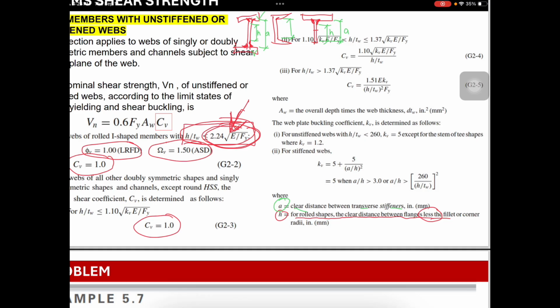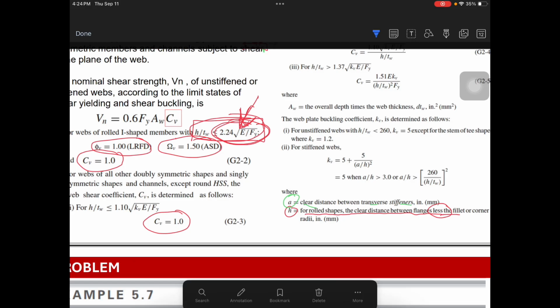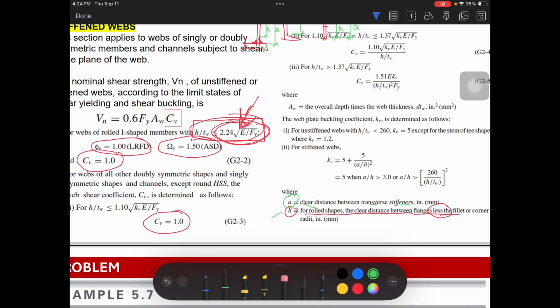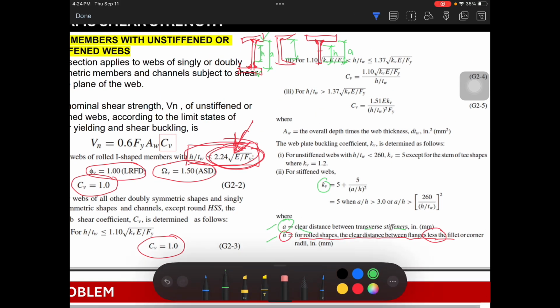So, alam nyo na si H at saka si A, no? And then, si KV naman. Makikita nyo si KV sa mga formula dito. Sa case B. So, paano kunin si KV? Ito yung paano kunin si KV.